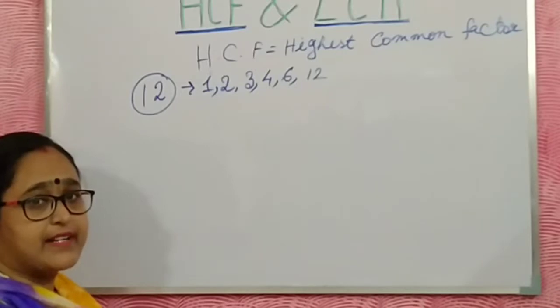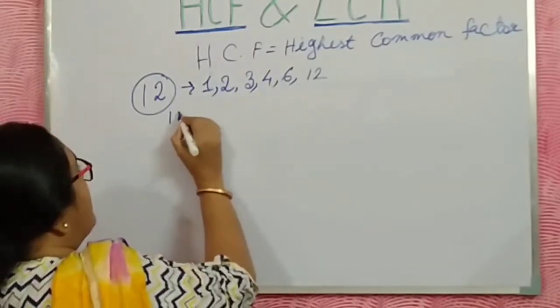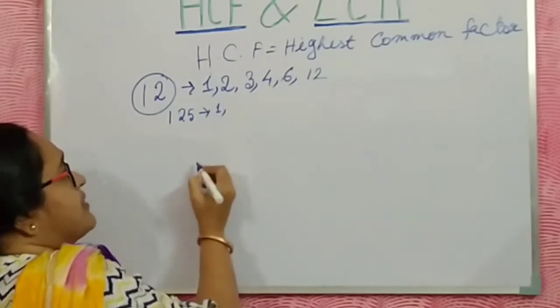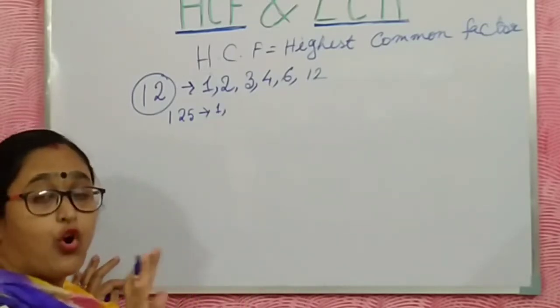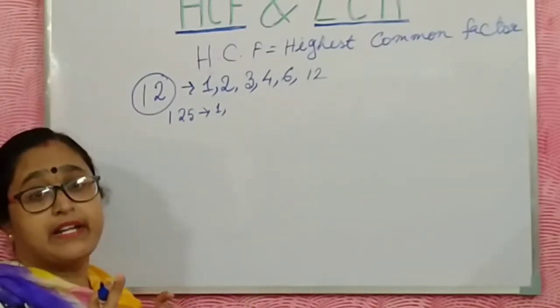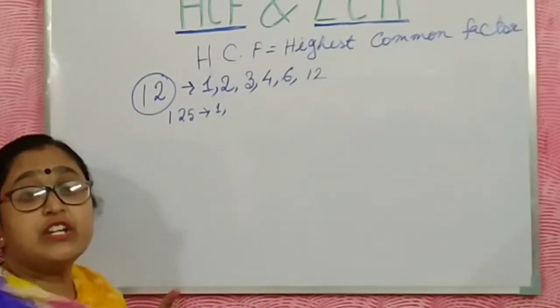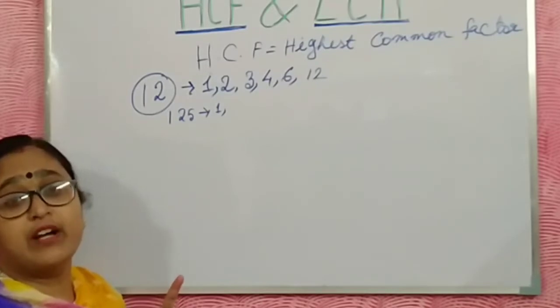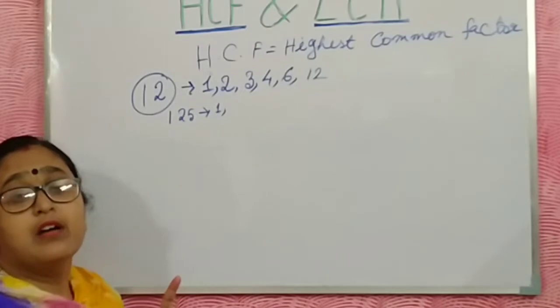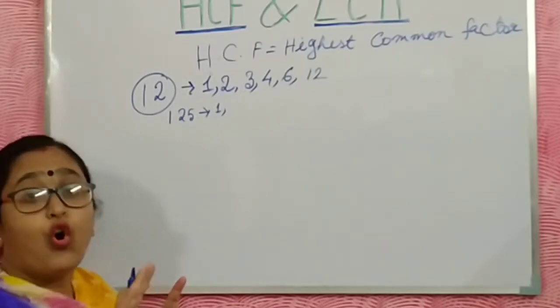This is the factor. Now I take another number, 125. What is the factor of 125? First, 1 is the factor of all numbers. Now all the students remember it: 0 is not the factor of any number, but 1 is the factor of all numbers.